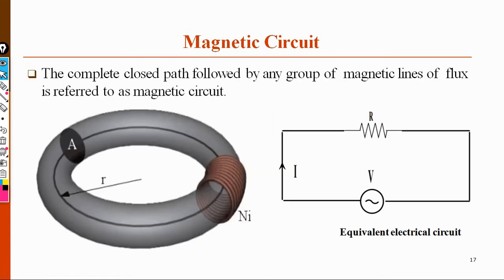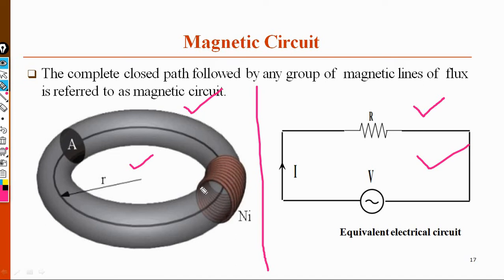Now next point is magnetic circuit. The magnetic circuit depends on a closed path of the circuit. This is the magnetic circuit, and this is the electric circuit. That is the difference between magnetic circuit and electric circuit. These are the number of turns connected to each other.